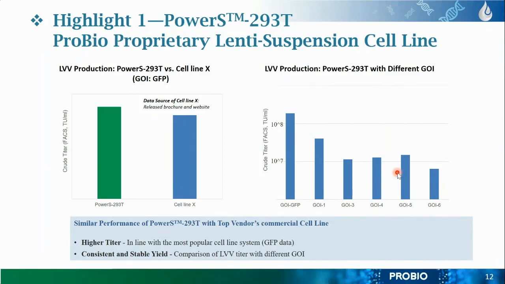So to conclude, I'd say it's better or similar performance of our Power S293 cell line compared to the top vendors available in the market. We do get higher titers, and it's a consistent and stable yield when we compare different GOIs. This is a very important part when it comes to consistency and stability.